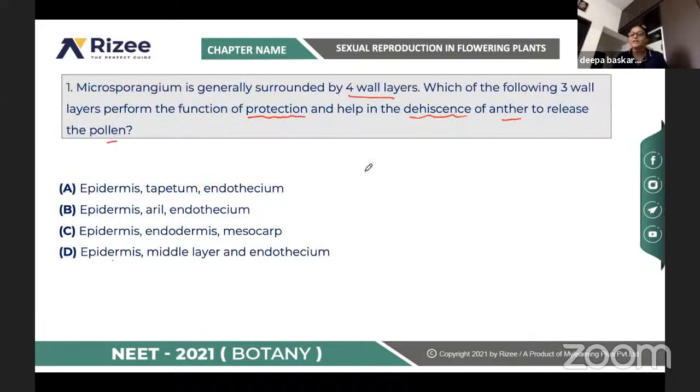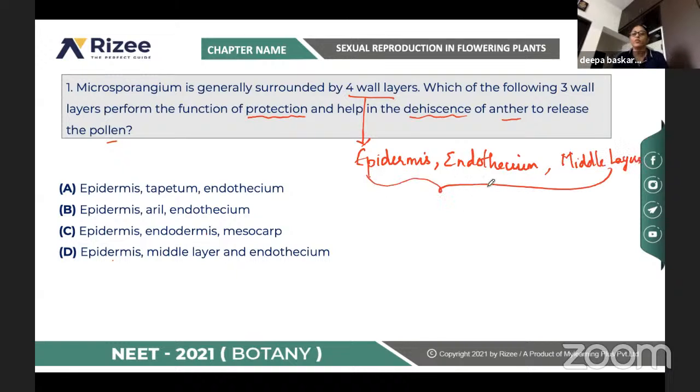So here, let us see about the microsporangium. It has 4 wall layers, as given. What are the layers? Epidermis, endothecium, and middle layers. These 3 layers are involved in the function of protection.